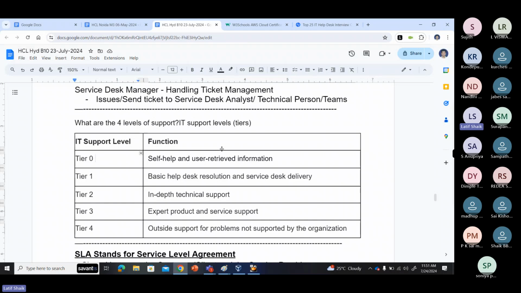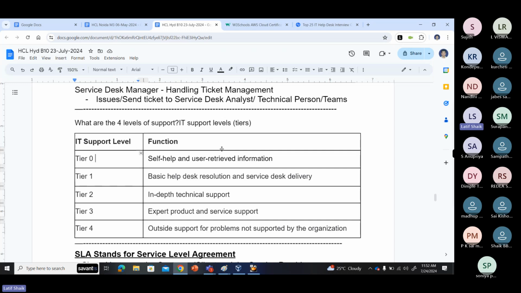Generally, most organizations offer L0 or L1 at the start. Mostly L0 is like a help desk. Mostly L1 is for freshers, to support customers directly.